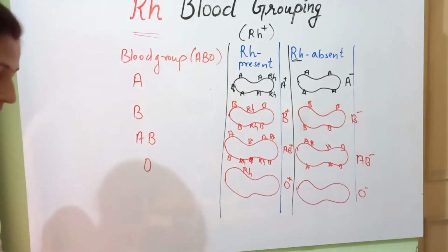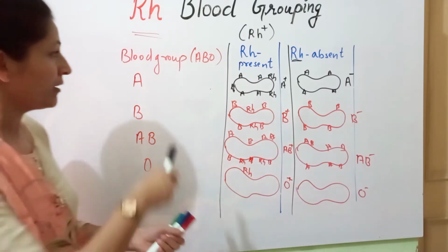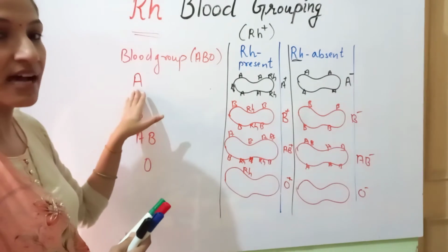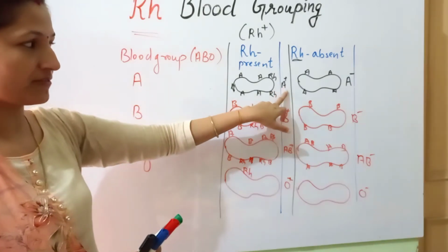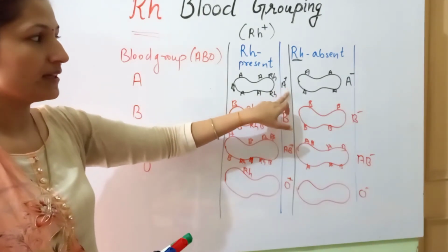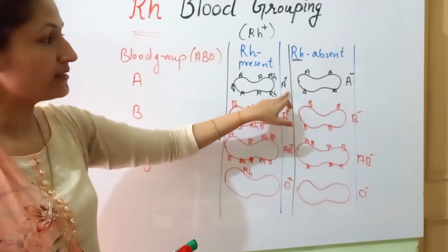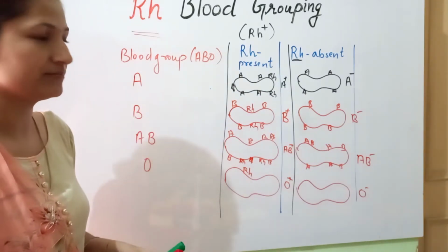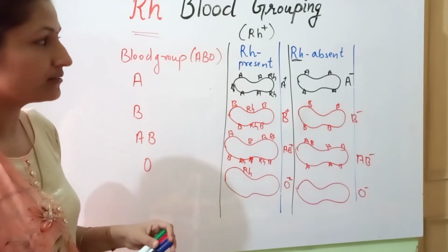Fine. Let me explain you. In these cases, this particular person who is having blood group A positive, that person cannot take the blood from the person A negative, or it can take, it cannot take.